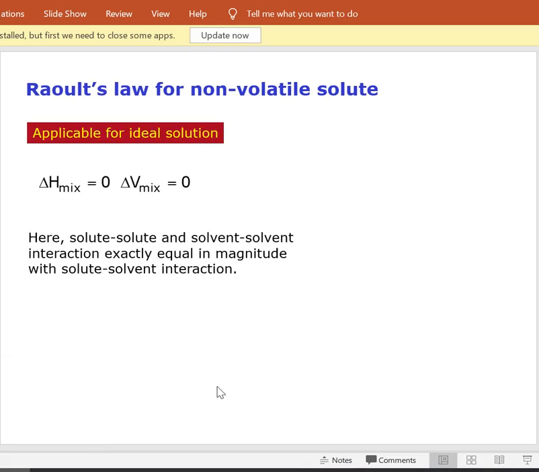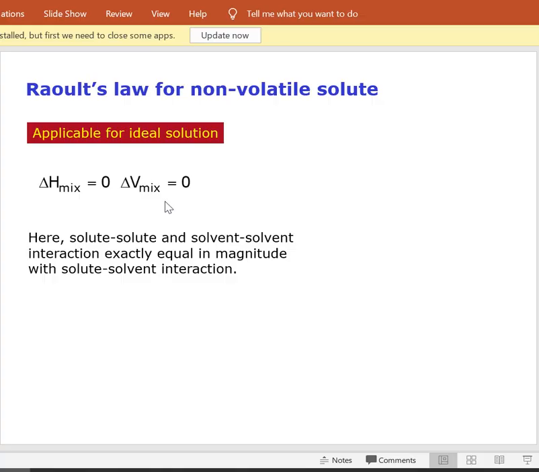And the Raoult's law for non-volatile solute is applicable for ideal solution. Ideal solutions are those which obey Raoult's law. In an ideal solution, change in enthalpy is 0, and change in volume is also 0.